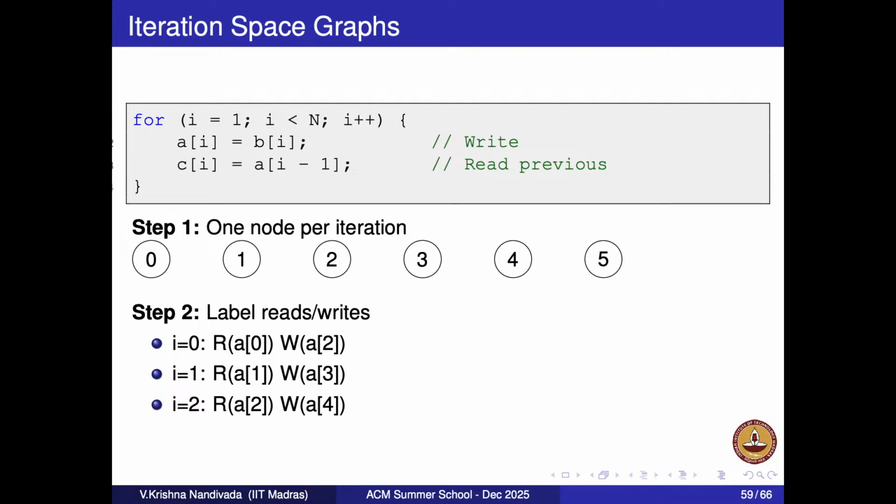Let us say n is 6. If n is not known, that's a separate issue that can also be dealt with, but let's say I have n equal to 6, then I'll have one node per iteration.